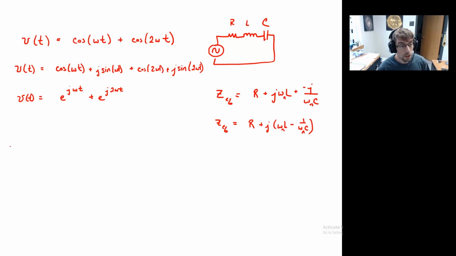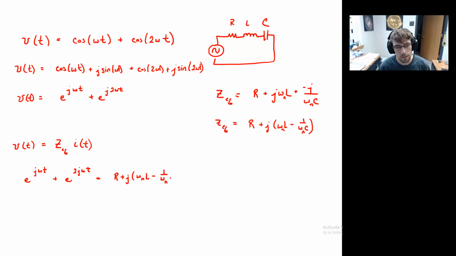Well, let's keep going. We now know we have V of t is equal to the equivalent impedance times I of t. And so we have V of t, that is written as e to the j omega t plus e to the 2j omega t, equals our equivalent impedance, R plus j omega n L minus 1 over omega n C, that's I of t.